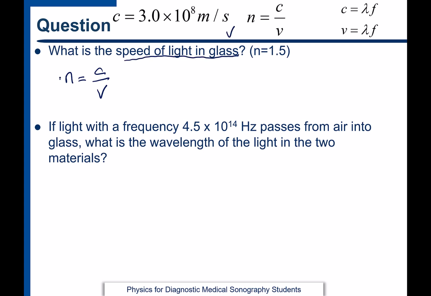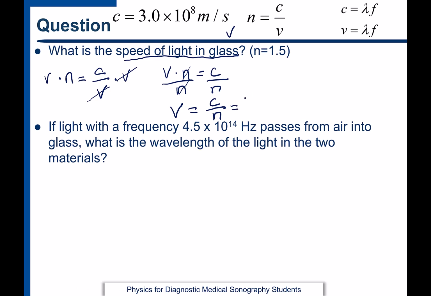So I'm going to multiply both sides by v. That gets rid of the v on the right. And now I've got v times n is equal to c. I'm going to divide both sides by n, and I get that v is equal to c over n.